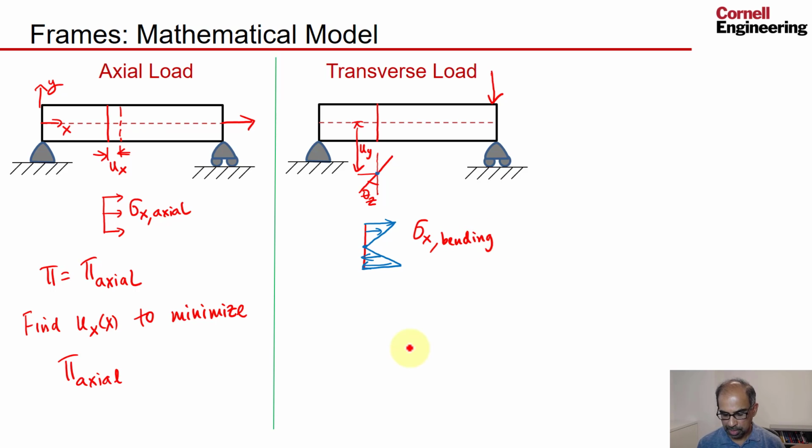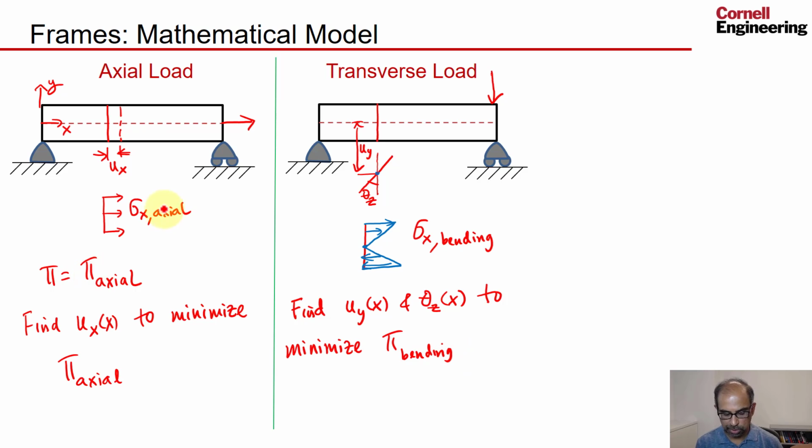And in this case, the problem then is to find u y of x, so how much each cross section moves in the transverse direction and how much it rotates, such that the potential energy is minimized. So this is going to be pi bending.